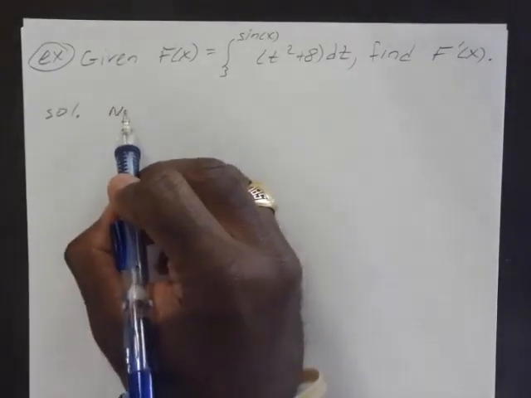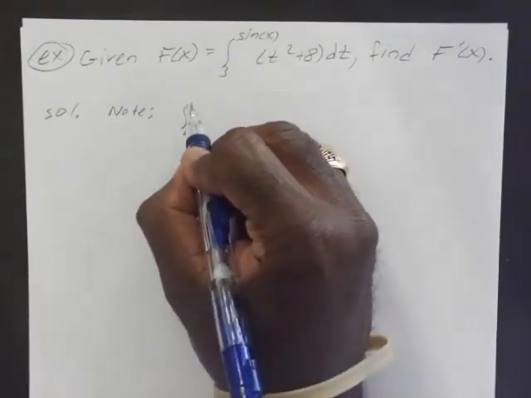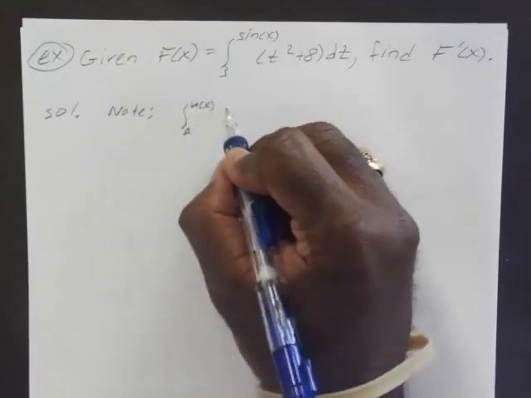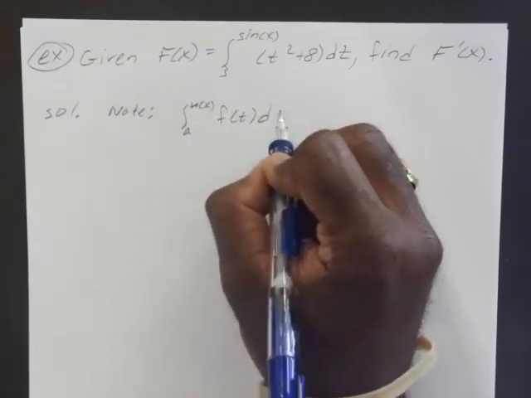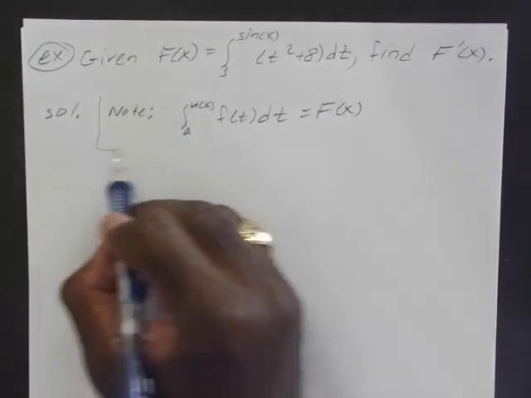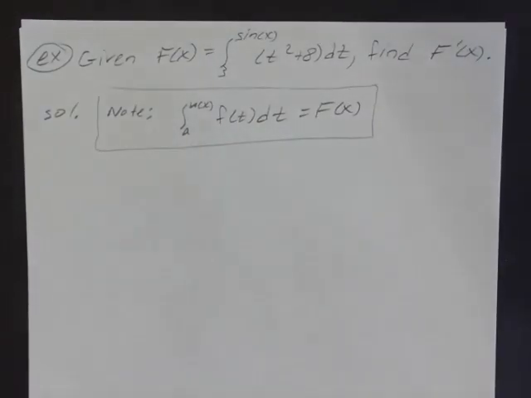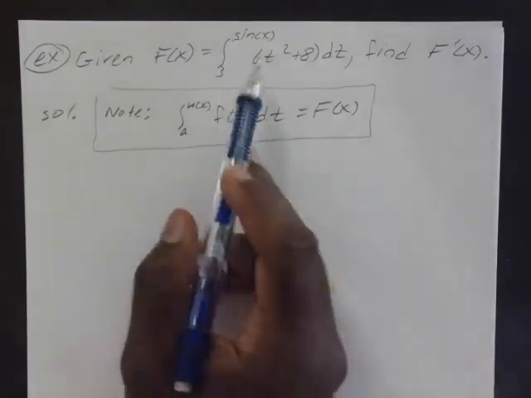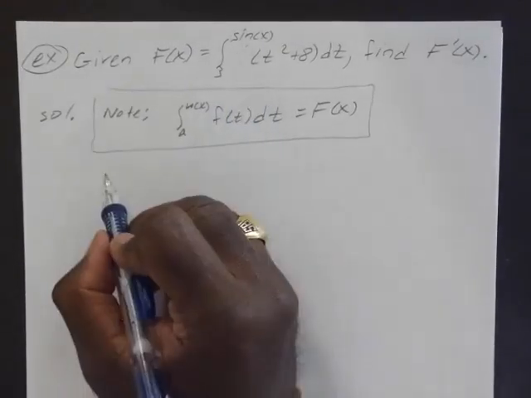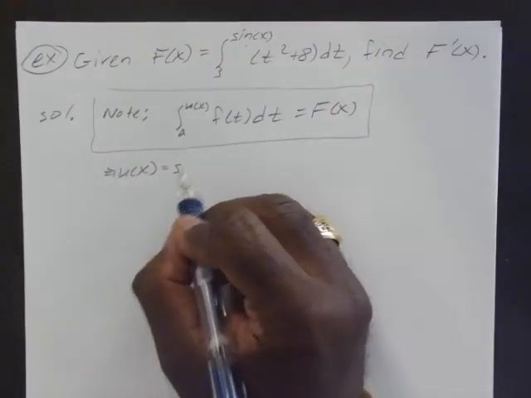So again, we know that we're going to use the integral from a to some function u of x of f of t with respect to t is equal to f of x. Okay, so in this case, our u, or u of x, is equal to sine of x.